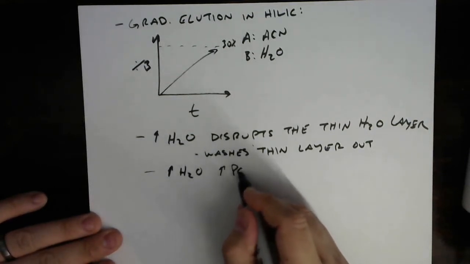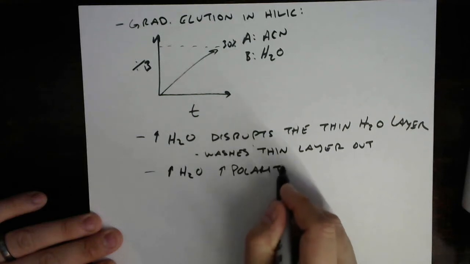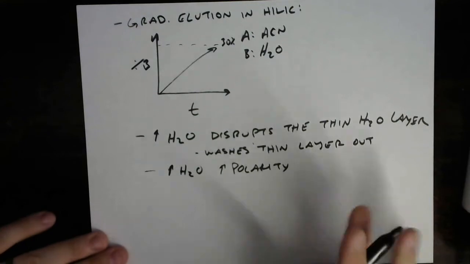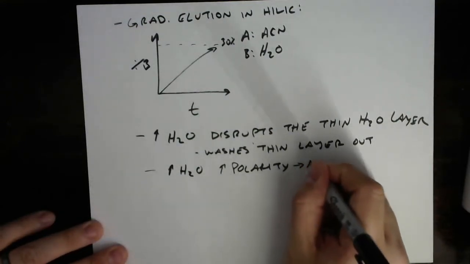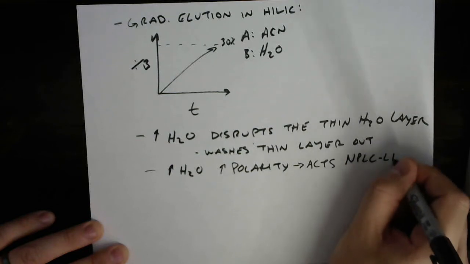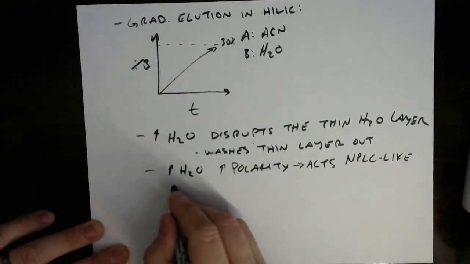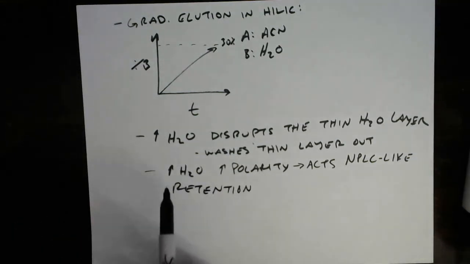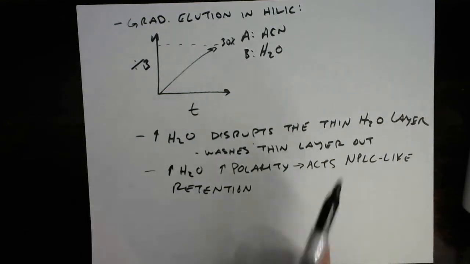And then the other thing that happens is that increased H2O increases polarity. Increasing H2O increases polarity, and that acts on the NPLC-like retention. In other words, you increase water, you disrupt that water layer, you also just do normal phase liquid chromatography.